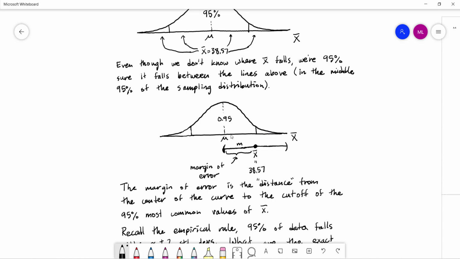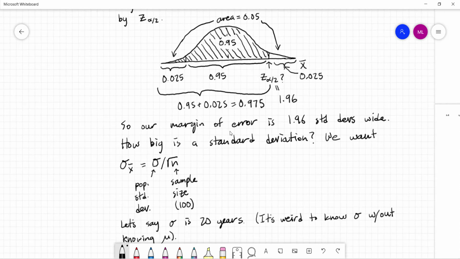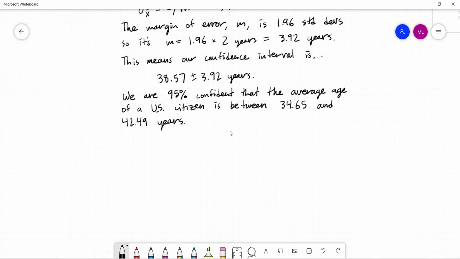If these boundaries are moving out, my margin of error is always the distance from that boundary to the center. They're going to have to get larger. So if you want to be more confident that you're getting the answer right, you're going to have to make your buffer bigger. Your margin of error has to grow. If we're willing to be less certain, we can make this smaller. So if I only want to be 90% sure, I could get away with something smaller than this.